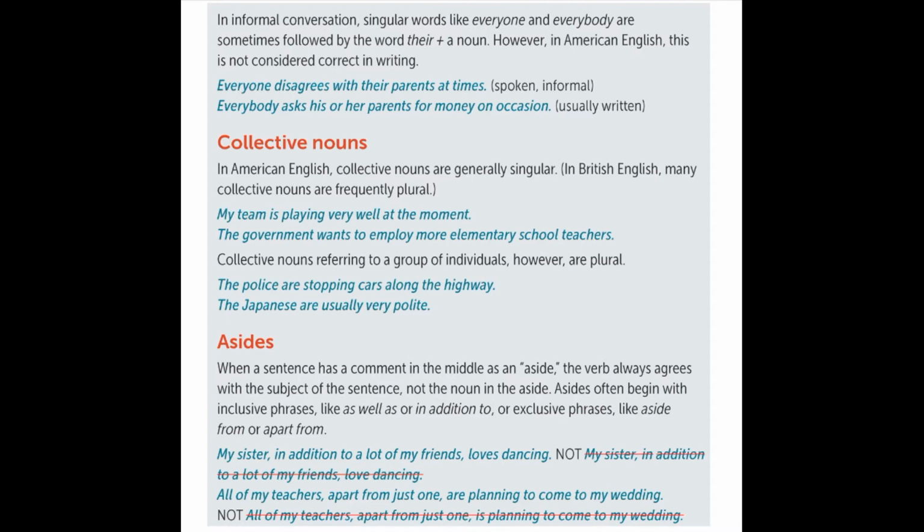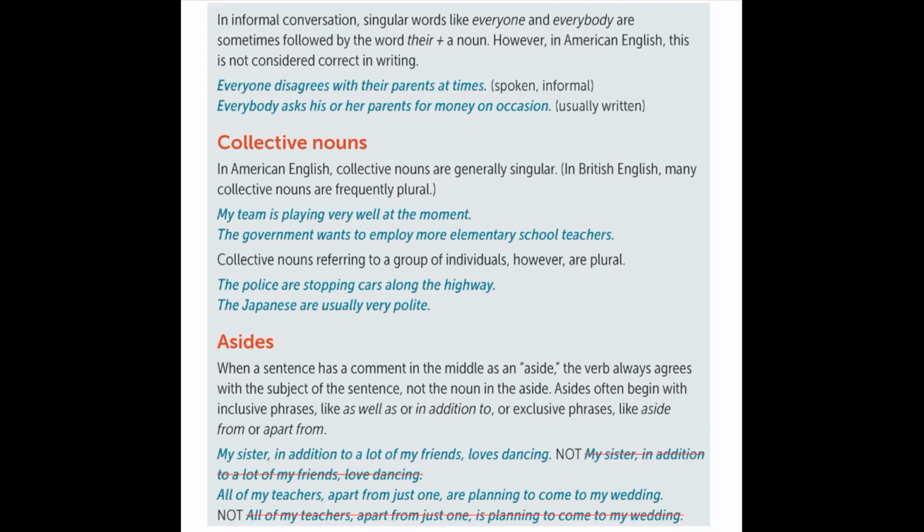Take a look at these examples. My sister, in addition to a lot of my friends, loves dancing. Here, the verb agrees with the subject. My sister, singular. The verb is in the singular. My sister loves dancing. She loves dancing, right?